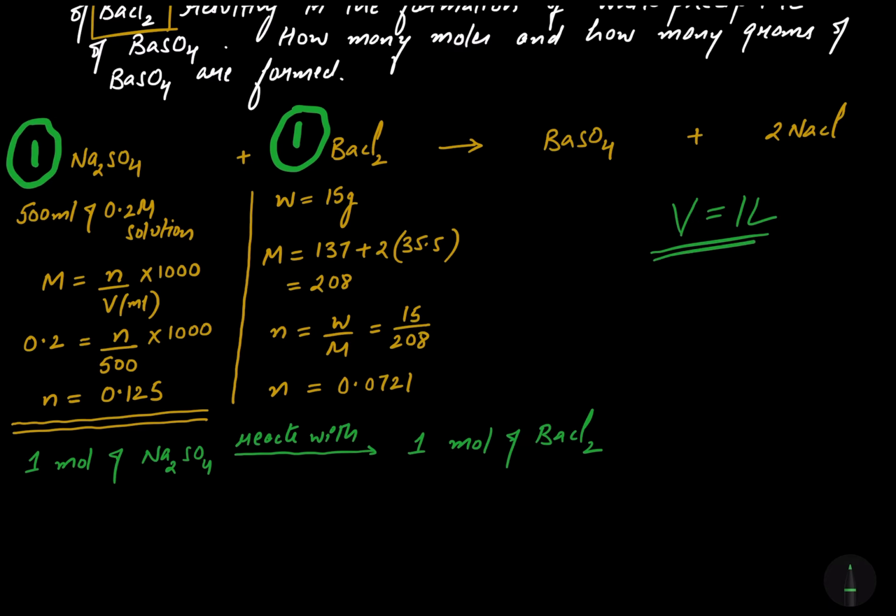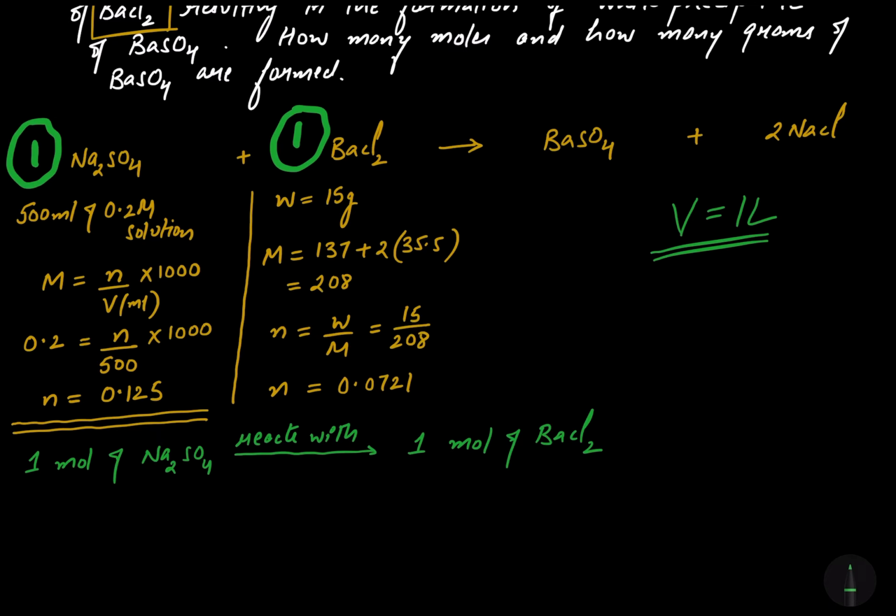So I'm directly taking the stoichiometry of the chemical reaction, that 1 mole of Na2SO4 reacts with 1 mole of barium chloride. I'm directly taking molarity to be the number of moles because I have assumed my volume to be 1 liter, and it's a very easy method to find out a limiting reactant. Please don't get confused. So let's move forward.